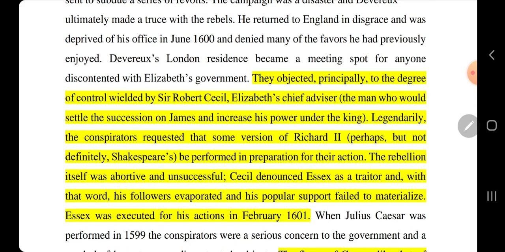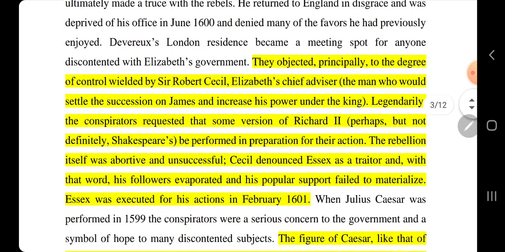The people who opposed Queen Elizabeth and wanted to rebel against her objected, to the highest degree, to the control of Sir Robert Cecil. Sir Robert Cecil, who is that? He is the chief advisor of Queen Elizabeth.